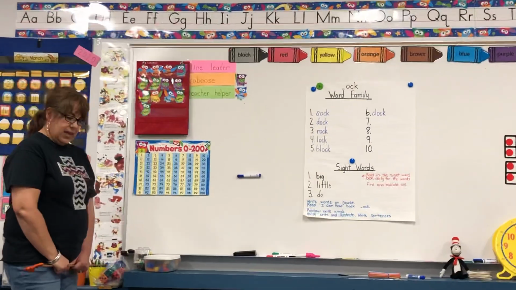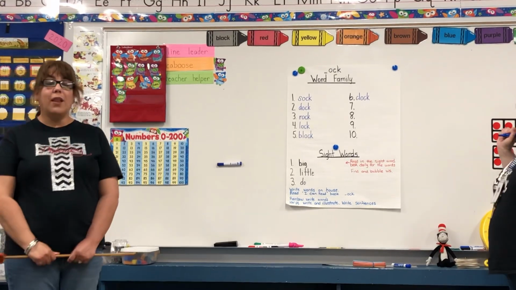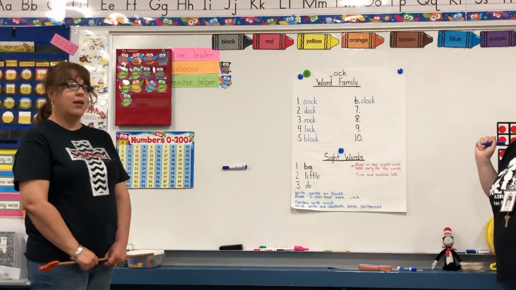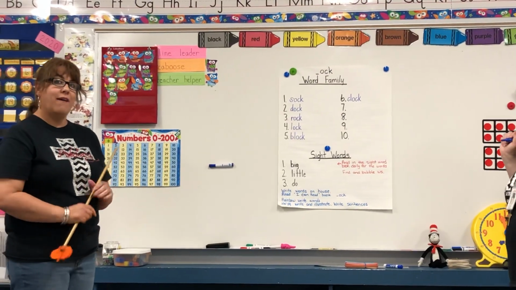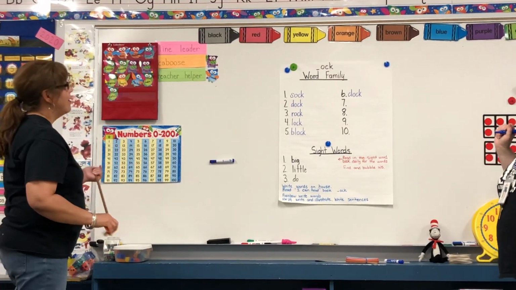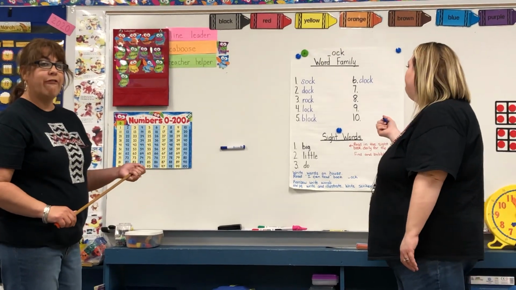Number 7 is another one. If I put F in front of ock, F plus the ock, put it together, and now I have flock, right? Flock. So what letter does flock start with?